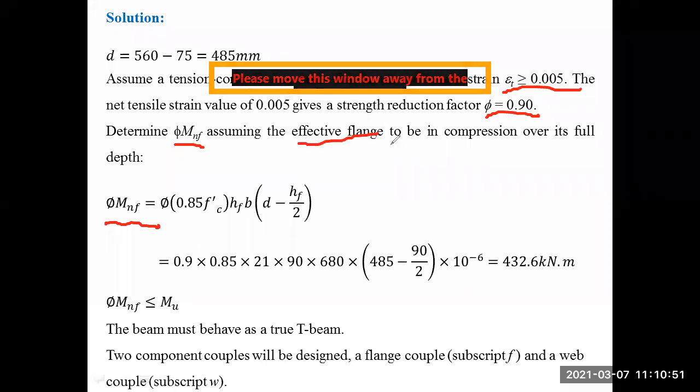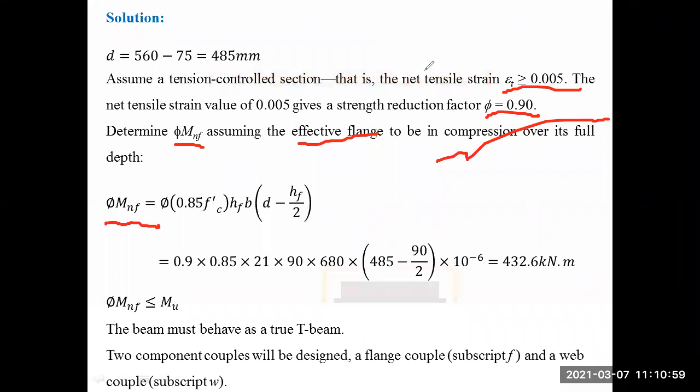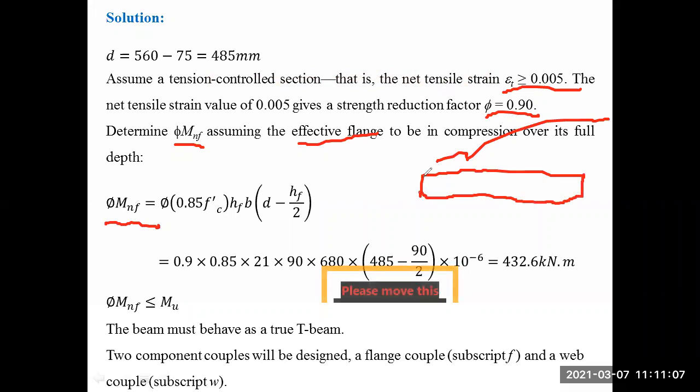We consider that the whole flange is in compression. This is the flange. Here MNF is obtained.